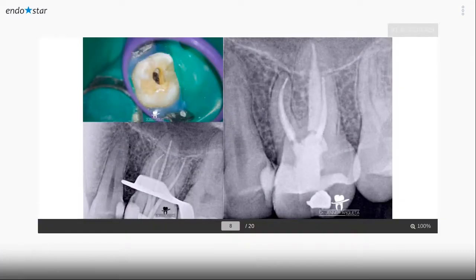But when you check the final radiograph, the coronal structure is totally destroyed. So we might provoke more damage than benefit to the patient. So let's see what the literature says about the topic, and I will go back to the presentation.